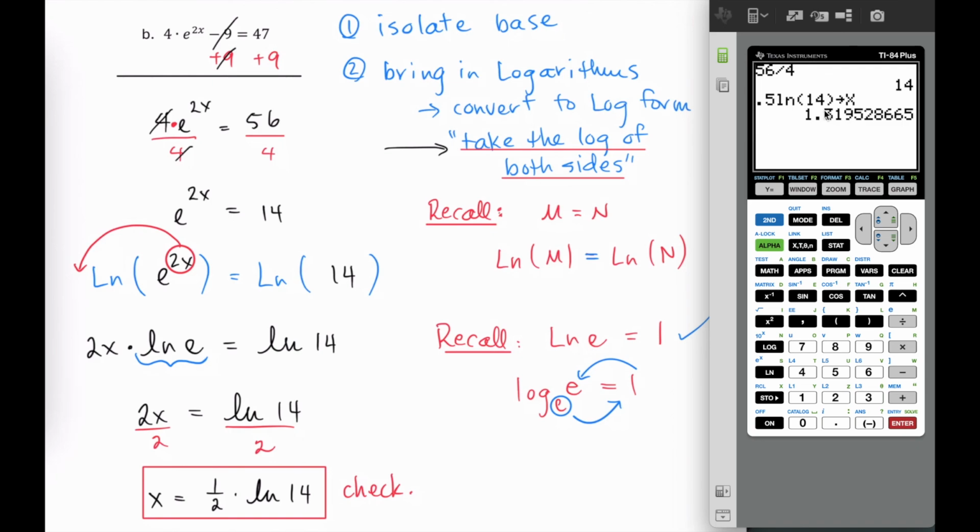But once we have it stored into x, we can go back to the beginning equation, which was 4 times e raised to the 2x. So we'll do second, and then e raised to the 2x, come out of the exponent, and then hit minus 9 to see that the output is 47. So our solution does work.